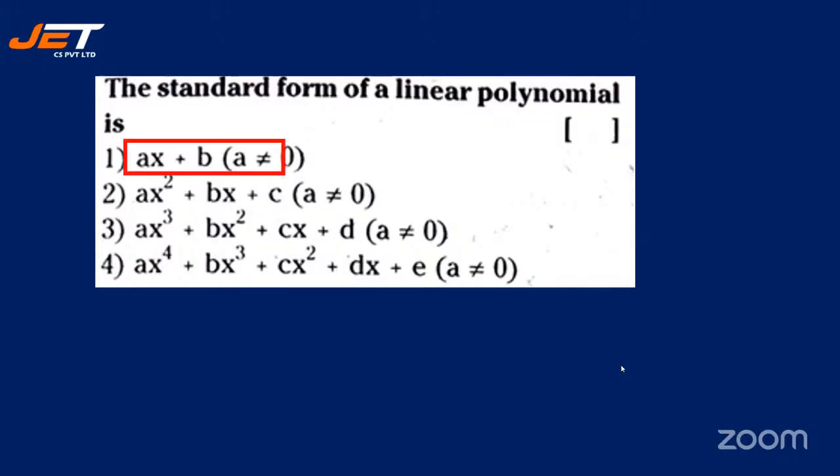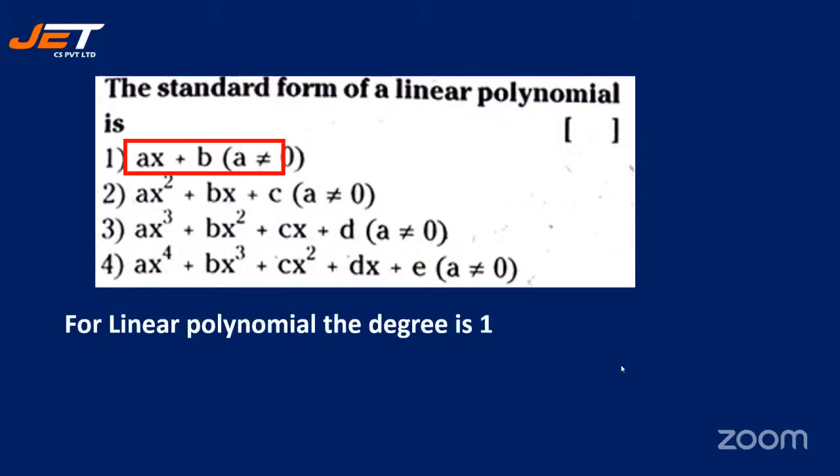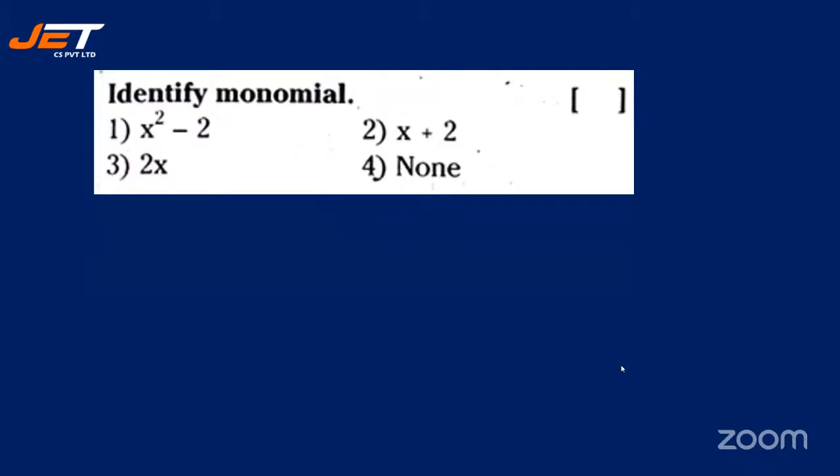So it is ax plus b, where a is not equal to 0. For a linear polynomial, the degree is 1. All right, so now you have to identify the monomial.